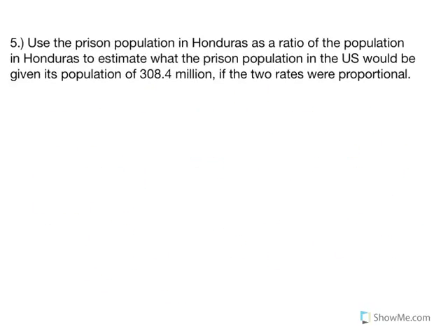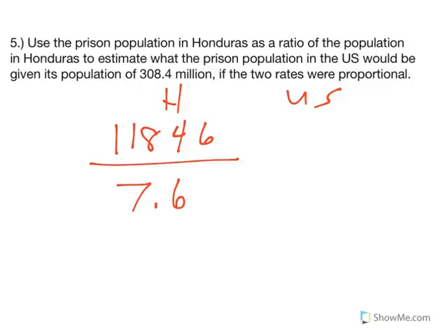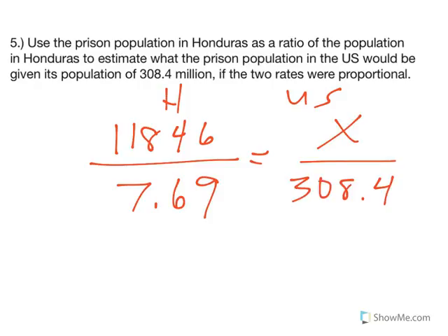Use the prison population and the total population in Honduras to estimate what it would be in the U.S. if they were proportional. So now we're talking about Honduras versus the U.S. So our ratio is going to be Honduras, 11,846 over their population of 7.69 million. We're trying to figure out an expected number for the U.S. with 308.4 million.